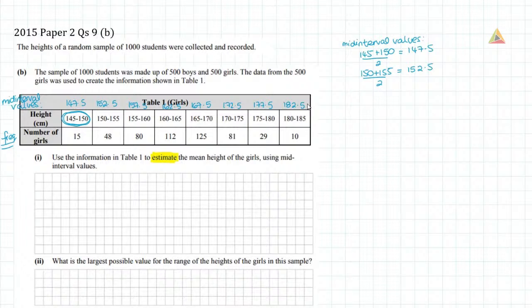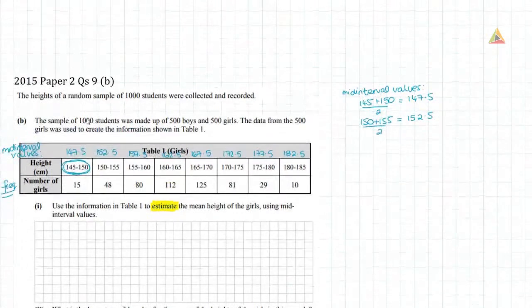And you can do out those workings, so there's no problem showing all of those steps. Once we find that mid-interval value, we're going to use that as the average for this group, and we're going to say, right, we have 15 girls in this case that have an average height here of 147.5. So we use our mid-interval value.